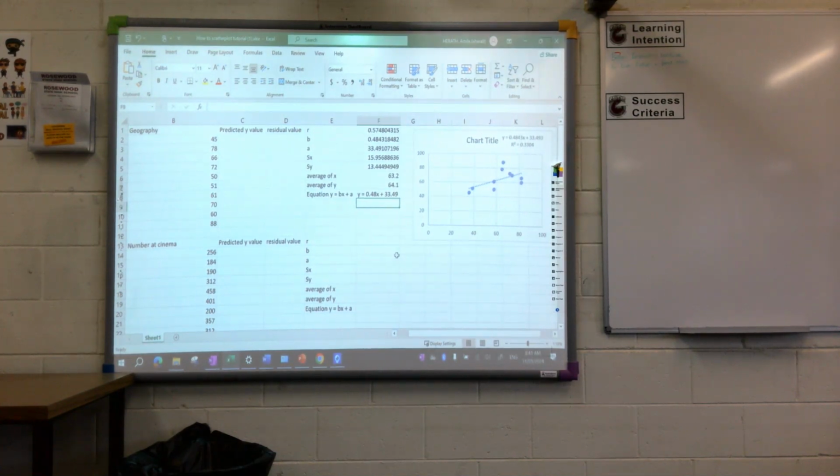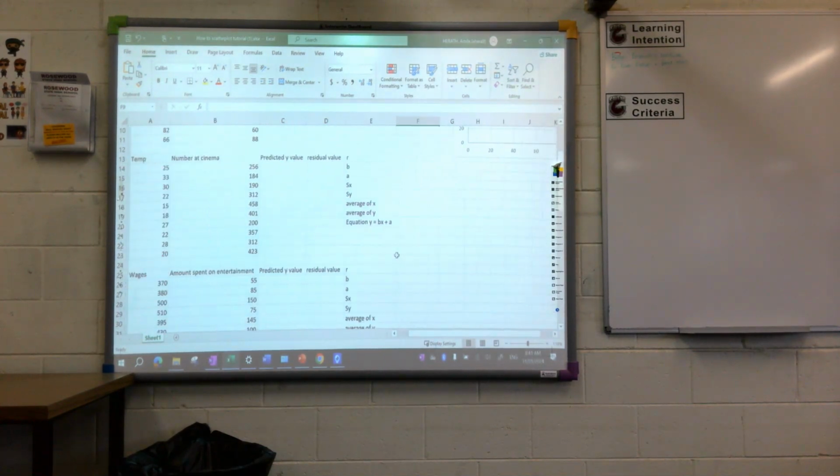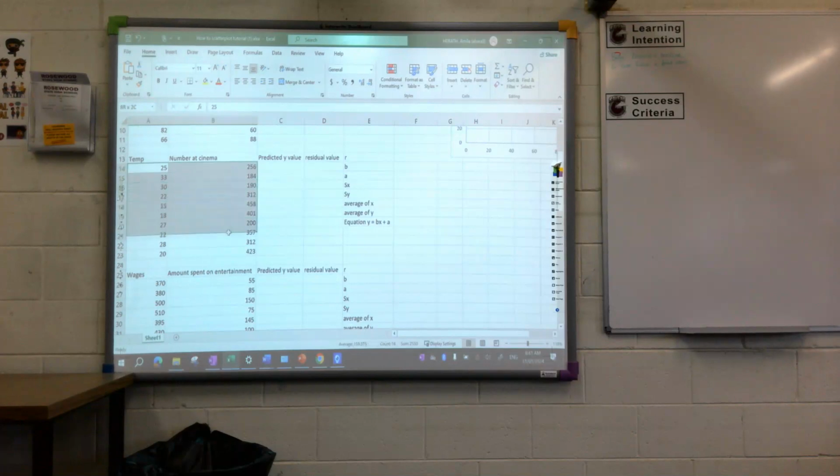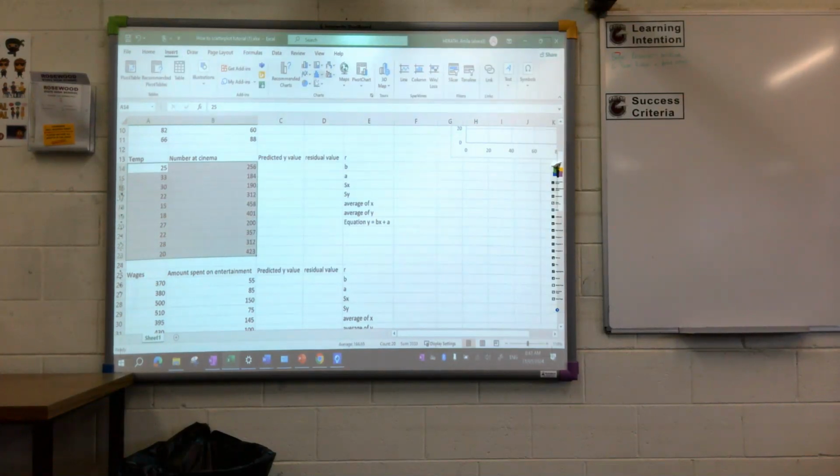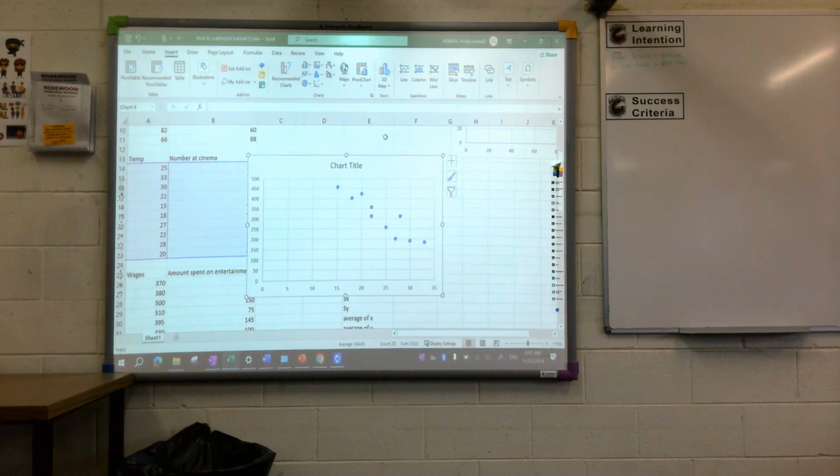I'm going to do the same thing for the next one below. So again, first step, take that highlighted, go up to insert, come down to insert scatter, and we click our first option.